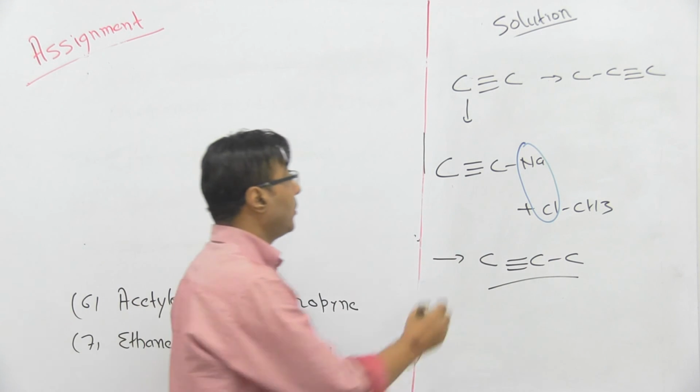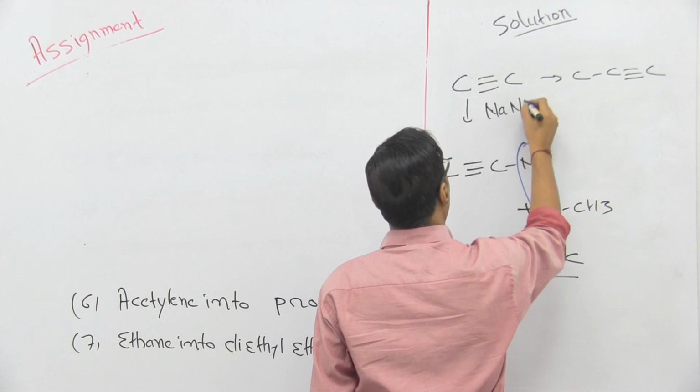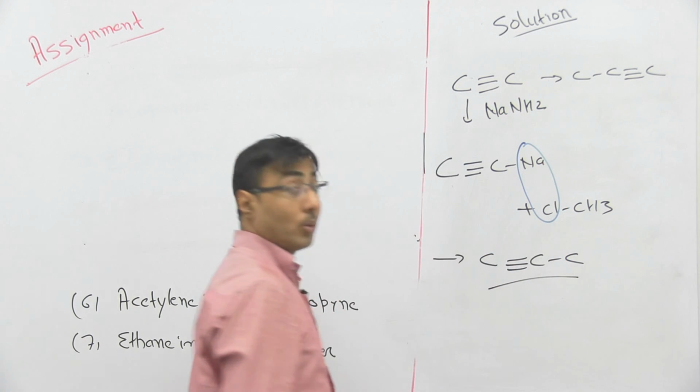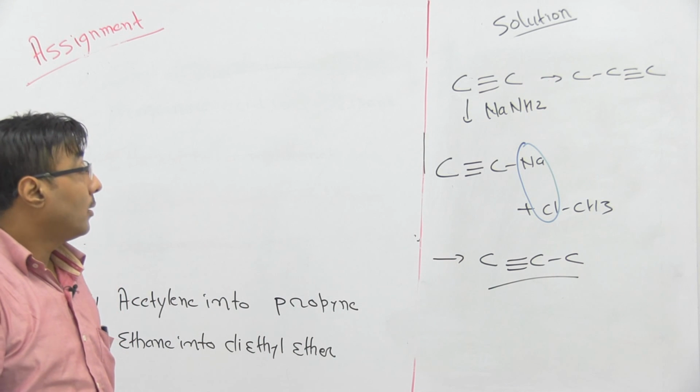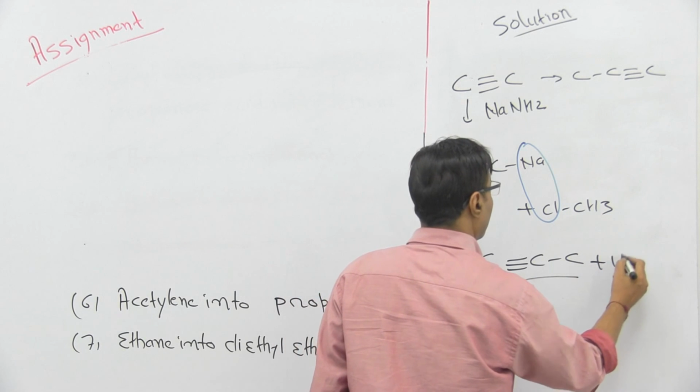When this acetylene combines with liquid ammonia, NaNH2, we get this compound. And after removal of Na and Cl, we get the product.